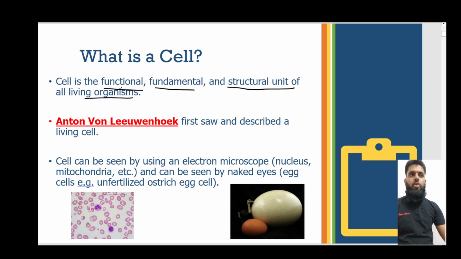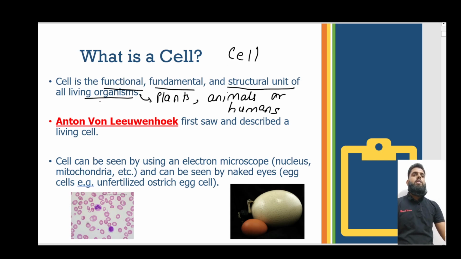What do you mean by living organisms? Living organisms are either plants, animals, or human beings. So all these plants, animals, and human beings are made up of cells.